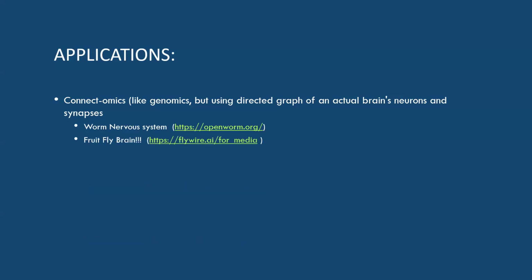But there has also been a fully mapped directed graph of a fruit fly's brain. Okay, now we're talking about 150,000 vertices, and I don't quite know how many synapse connections, but these are directed graphs. And so the fruit fly brain is pretty much a model for studying the human brain. And guess what?